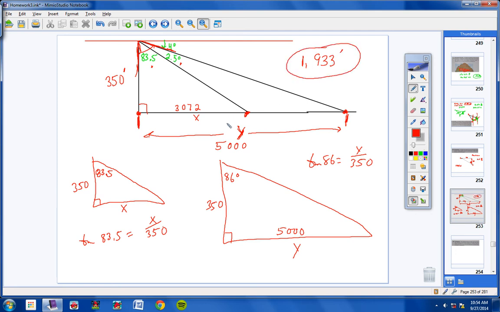But again, to review, this is a really good problem when it comes to making sure you understand angles of depression, and then also being able to draw your right triangles, and then understanding you're finding a total distance and then subtracting part of that distance to find the remainder distance over here. We'll call that Z. Okay, so there's your distance between the two boats, 1,933.